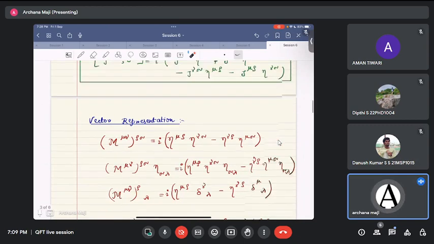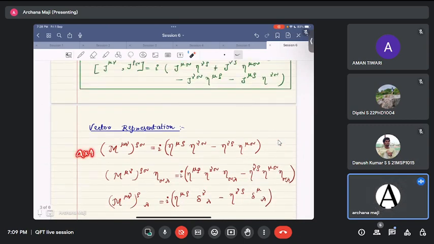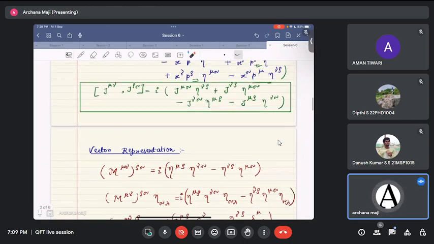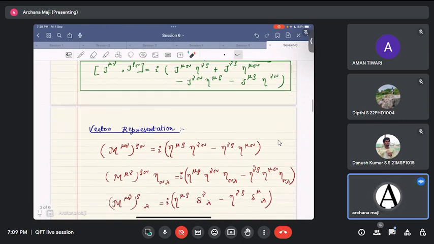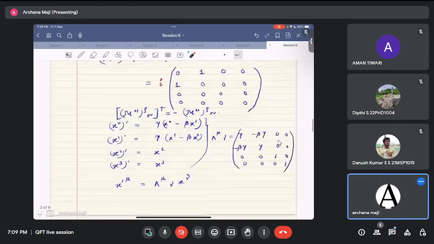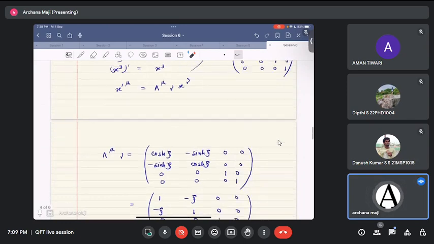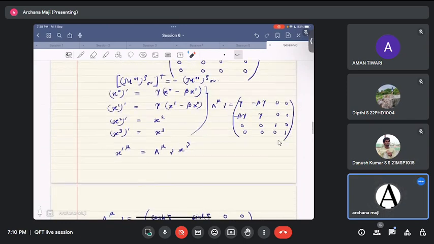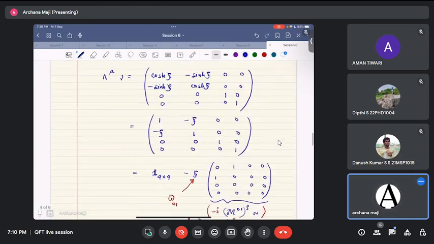We are coming up with a 4 by 4 matrix, and then we see that this satisfies this commutation relation. And we also can see that these are nothing but the matrix representation of the Lorentz transformation generators.